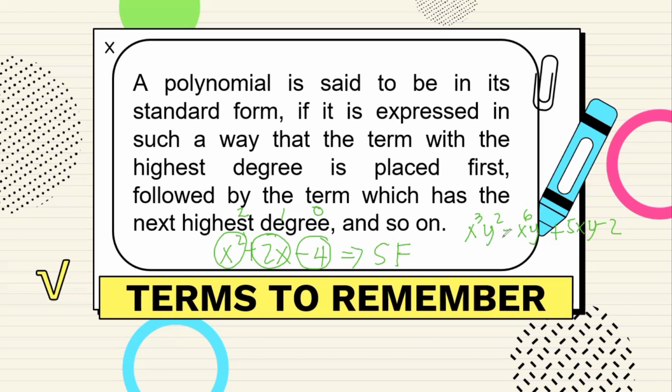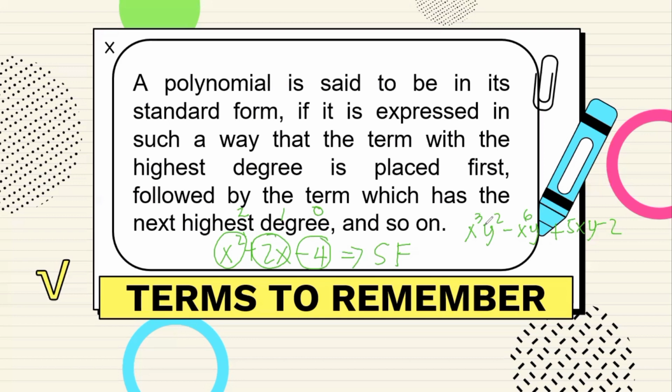This time, we have to get the degree of each term. Okay, and as we can see on the given, there are two variables involved. So, multiple variables. And how do you get now the degree of multiple variables? The degree of a polynomial in multiple variables. What are you going to do now? You have to get the sum of the exponents of each variable indicated in the given polynomial.